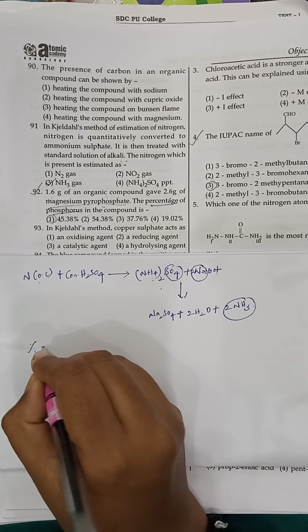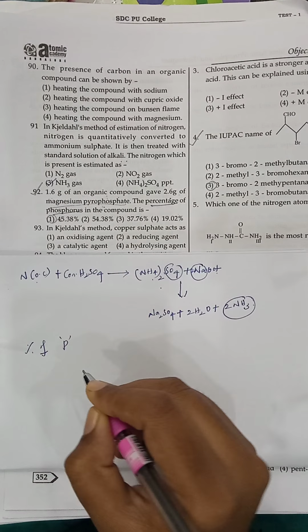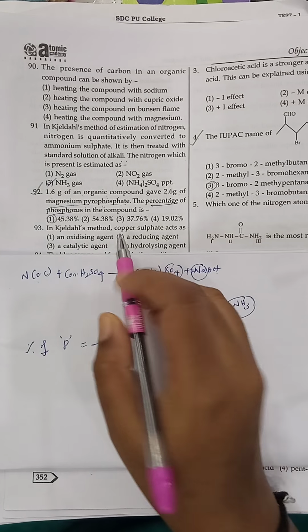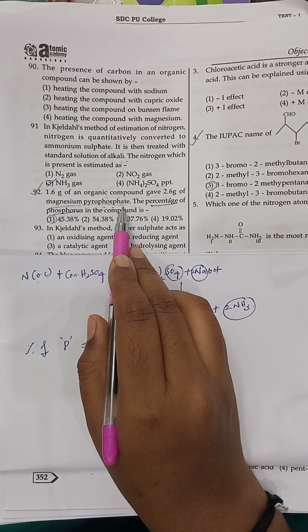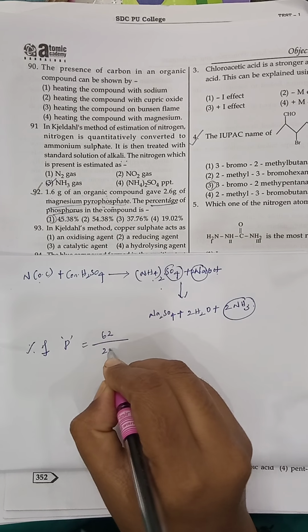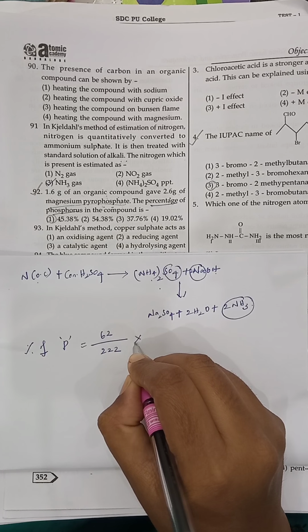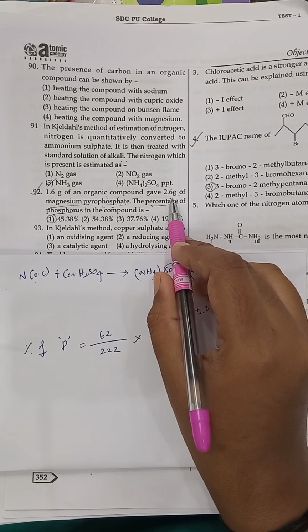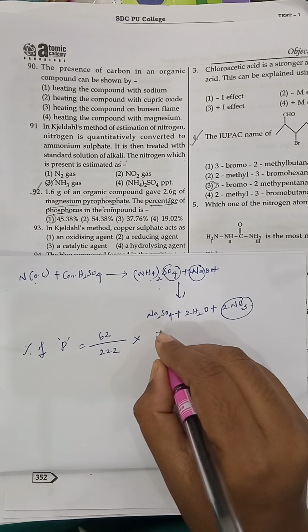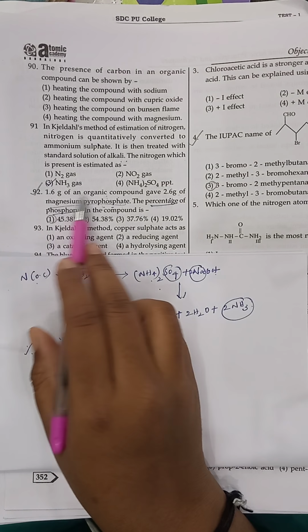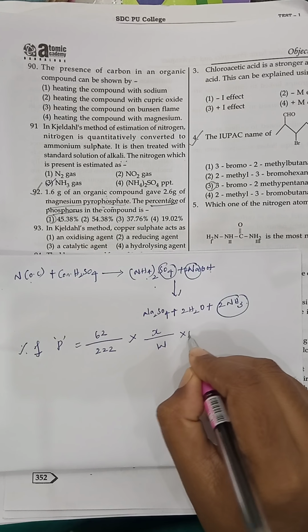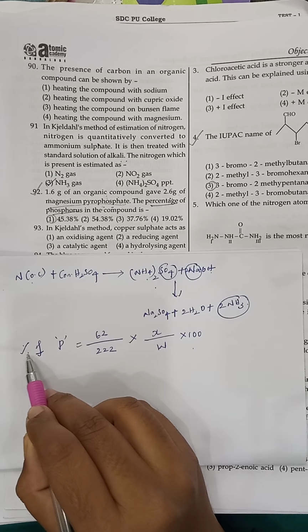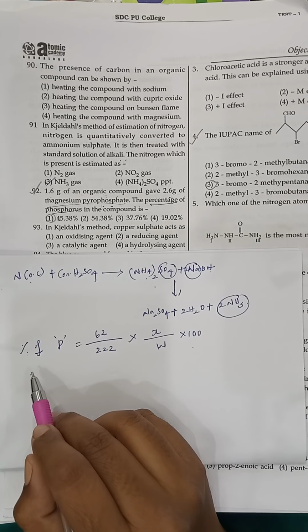The percentage of phosphorus present in the organic compound is always equal to the weight of phosphorus over the molecular weight of magnesium pyrophosphate, which is 222, into the weight of the compound formed, considered as X, divided by the weight of the organic compound taken, considered as W, into 100. Why do we multiply with 100?